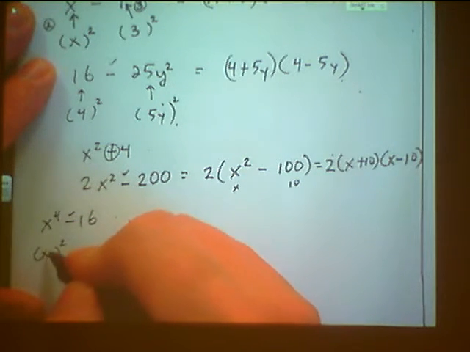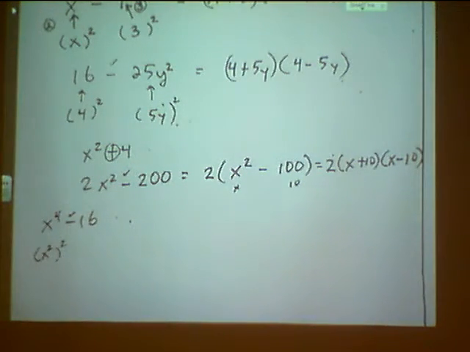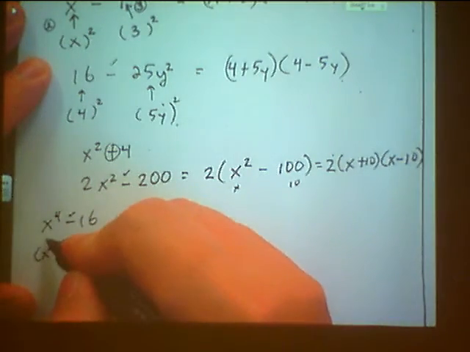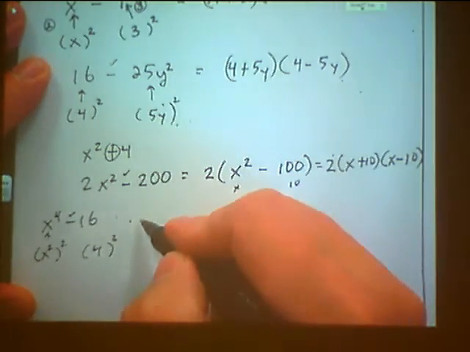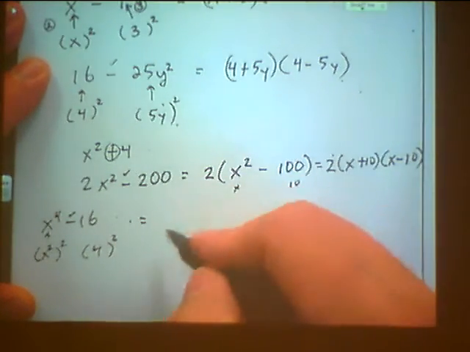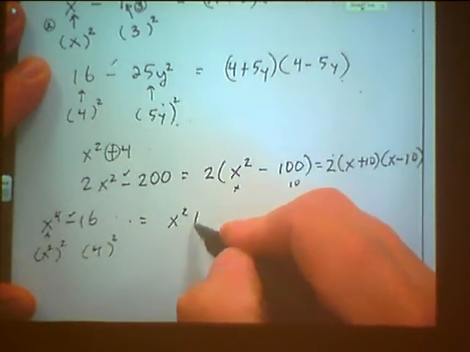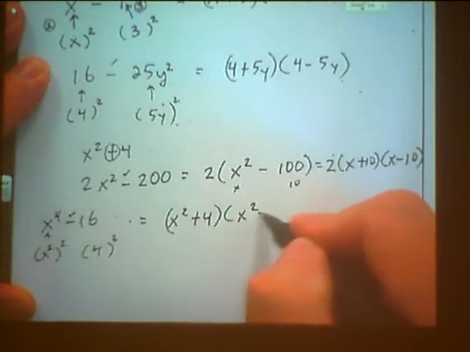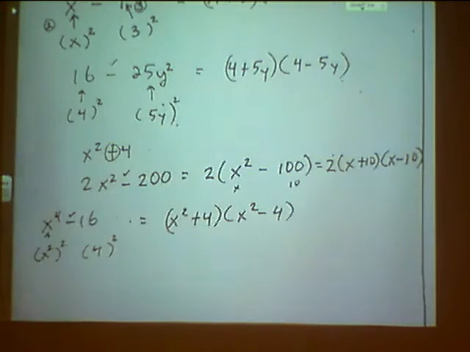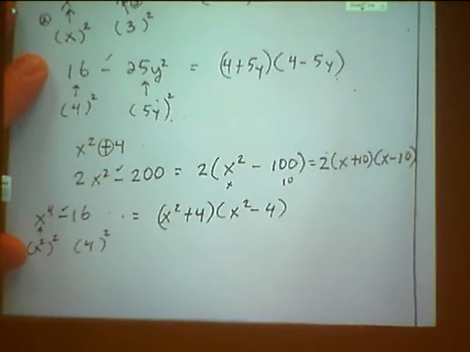I can. If you square x squared, it's x to the 4th. And then the 16 is just 4 squared. So it's a difference of squares. And you get x squared plus 4 times x squared minus 4.